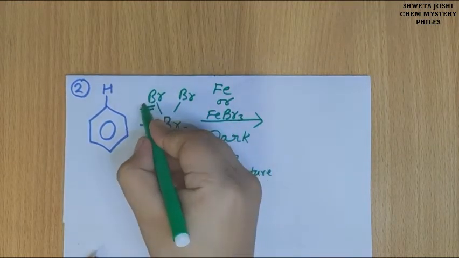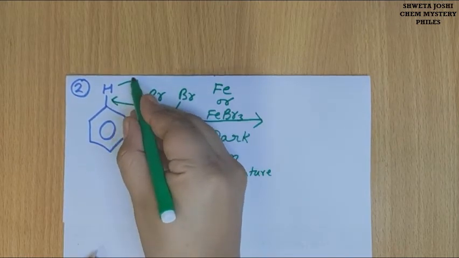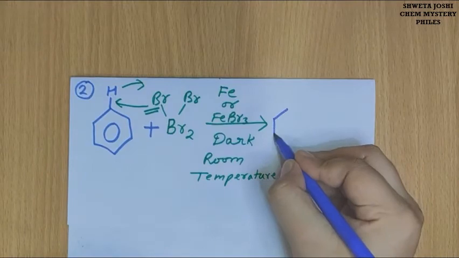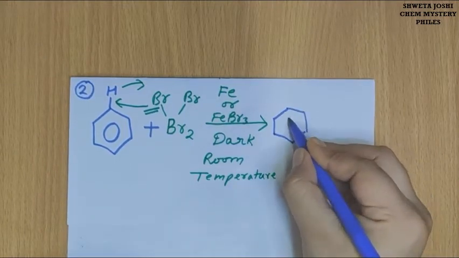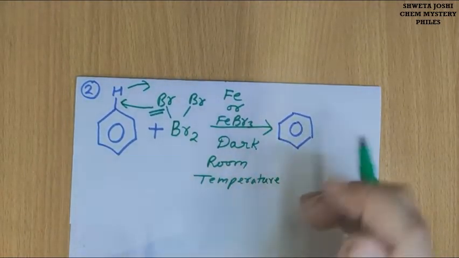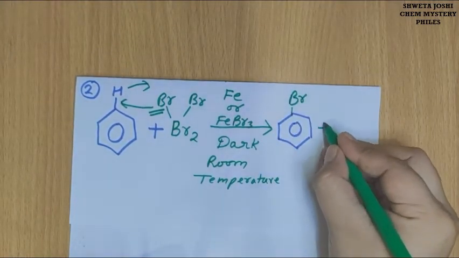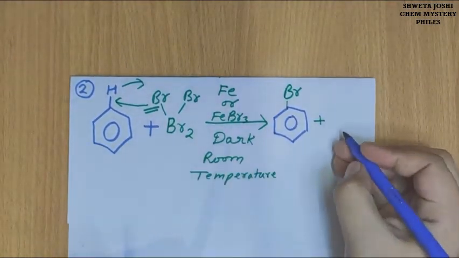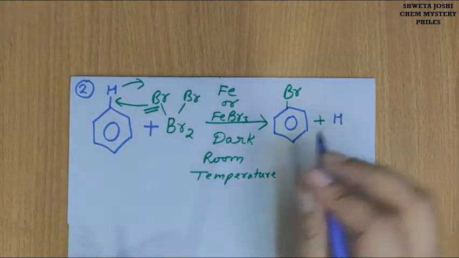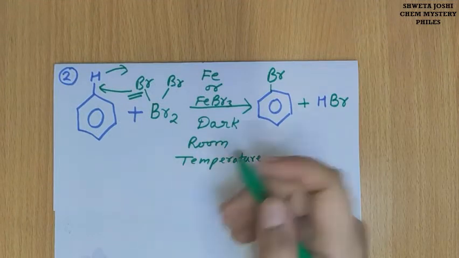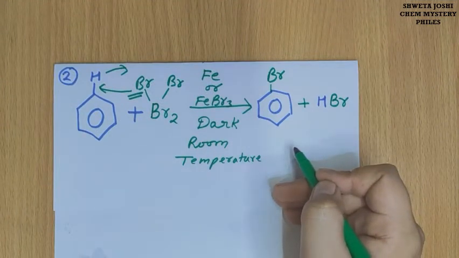So in this reaction, the Br group will be attached to your aromatic ring and there will be removal of hydrogen of the aromatic ring with Br. So the main product formed in this case is bromobenzene.